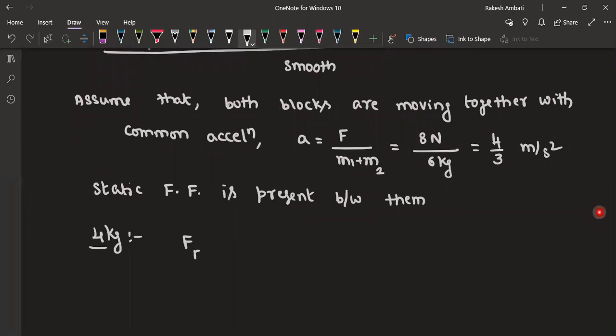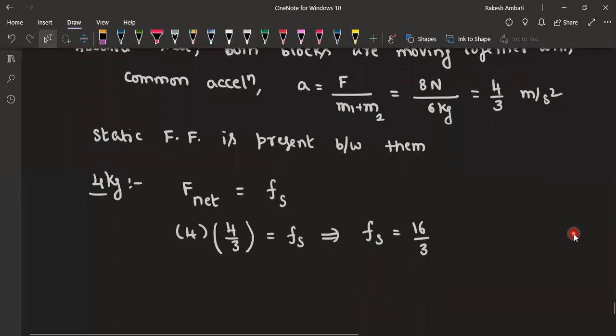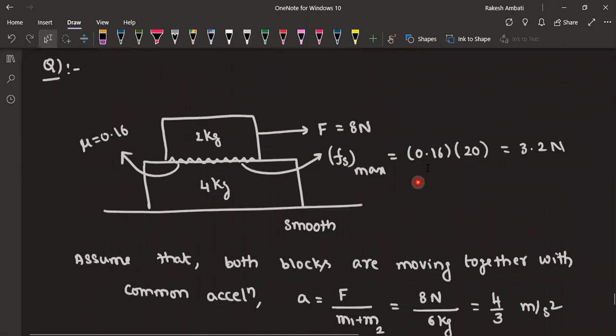So you consider the 4 kg block. How to find the resultant force? Mass into acceleration. Mass is 4 kg and acceleration we already have as 4 by 3, equal to Fs. That implies Fs equals 16 upon 3, which is roughly 5.33. Now is this Fs value less than or equal to Fs maximum, or greater than Fs maximum?